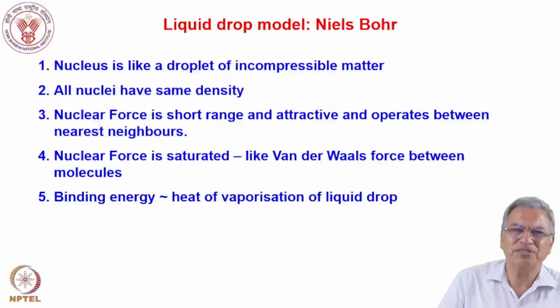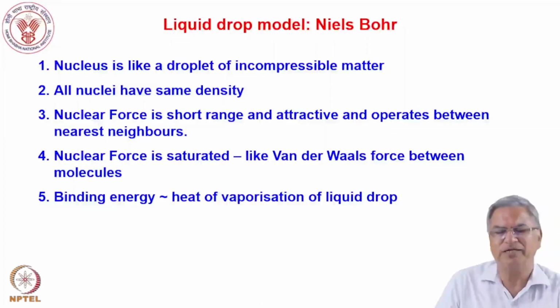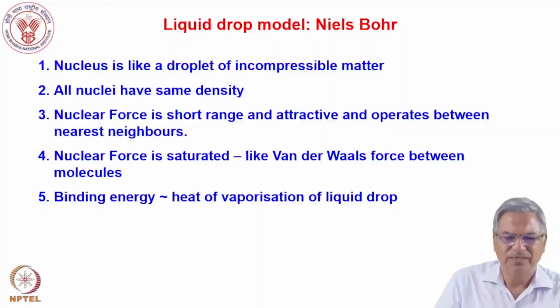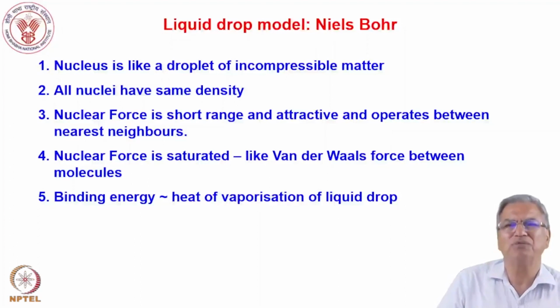We have discussed the different properties of nuclear matter, and we make use of those properties to build up this liquid drop model. In the nuclear structure, we found that nuclear matter has a very high density.